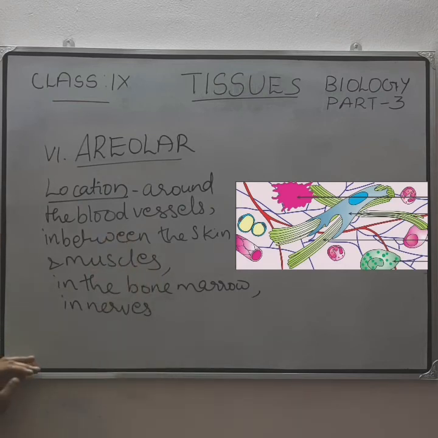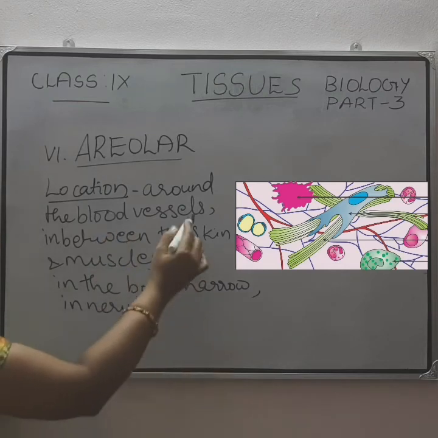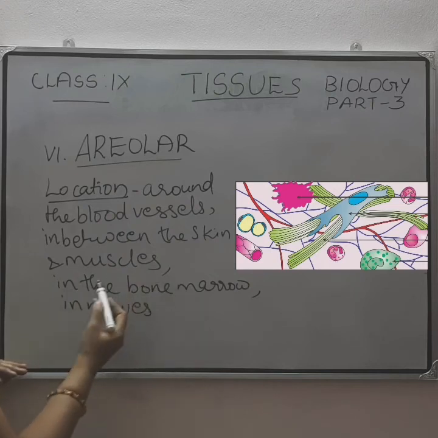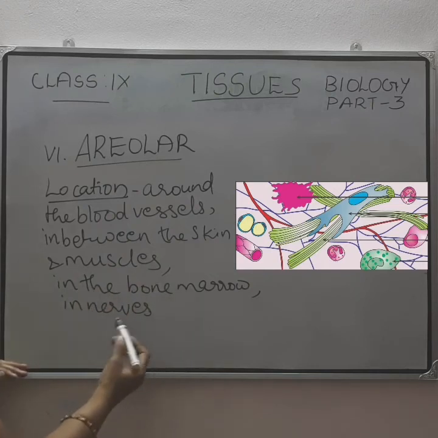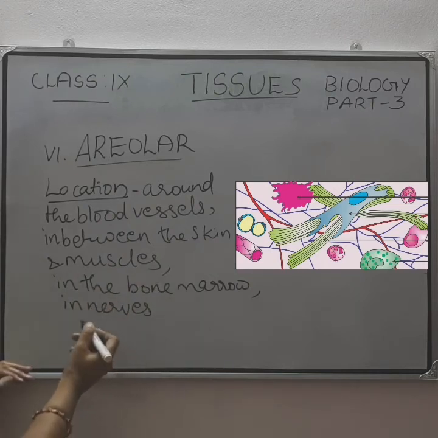So this type of areolar tissue is found around the blood vessels, in between the skin and muscles, in the bone marrow, and also in nerves.